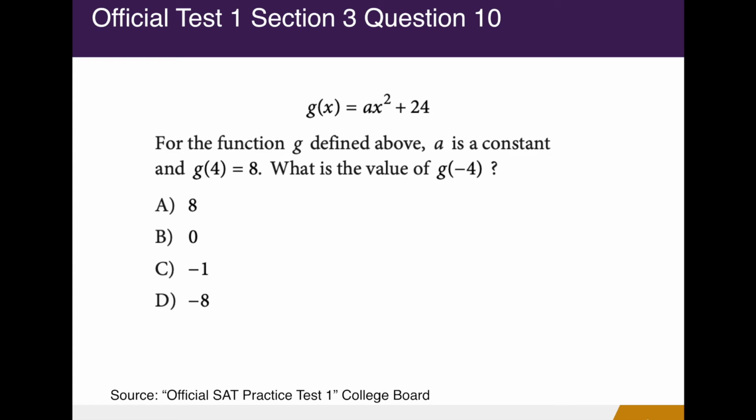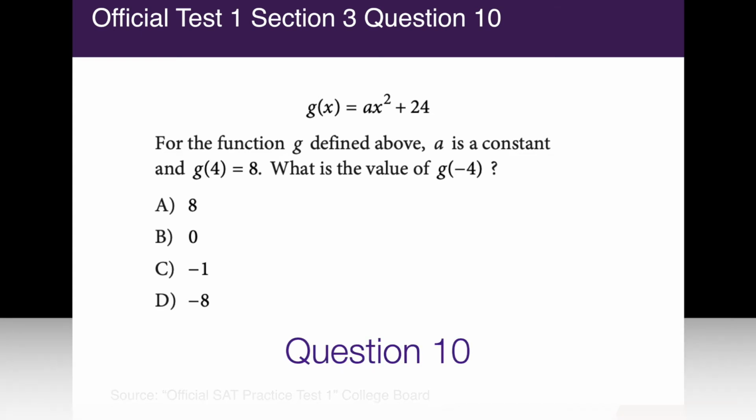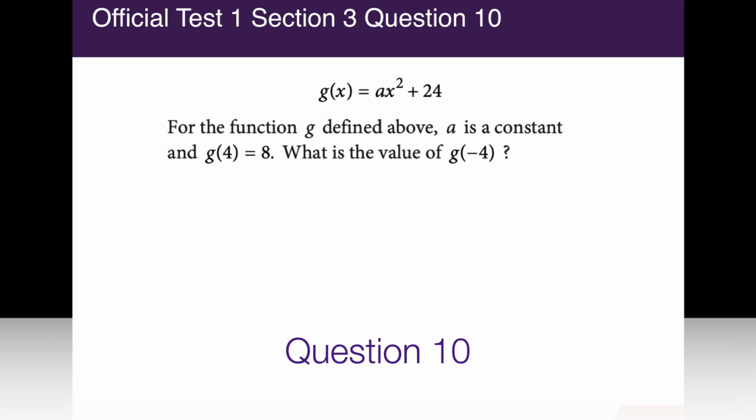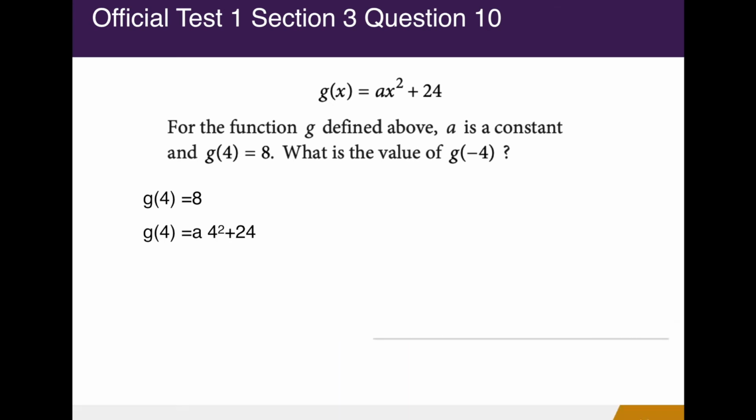Question number 10. g(x) equals ax squared plus 24. For the function g defined above, a is a constant and g(4) equals 8. What is the value of g(negative 4)? g(4) is 8, so we plug in 4 for x. g(4) equals a times 4 squared plus 24. g(4) equals 16a plus 24 equals 8.